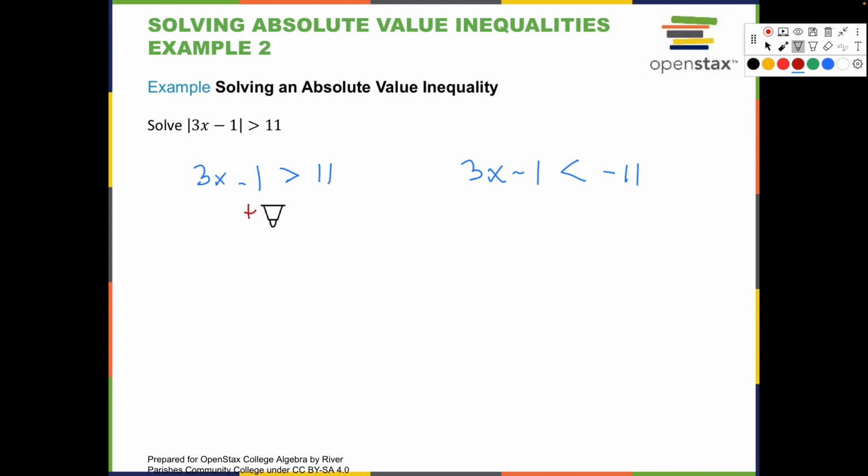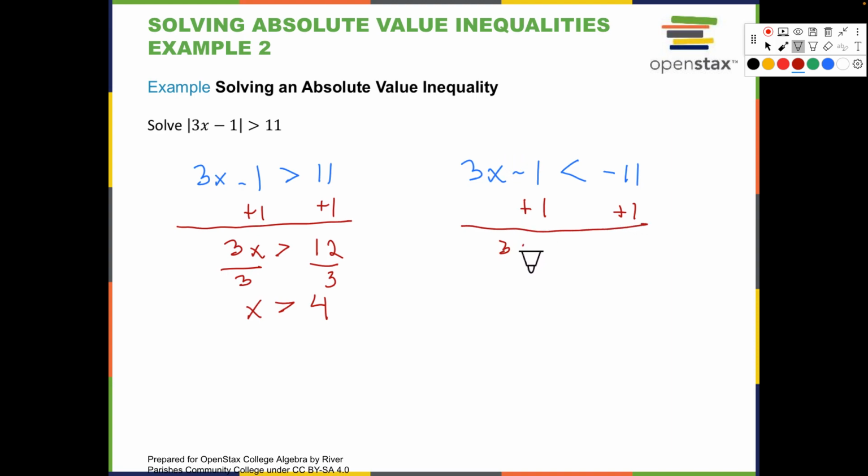So again, add 1 to both sides. 3x greater than 12. Divide by 3. X is going to be greater than 4. On this side, we add 1.